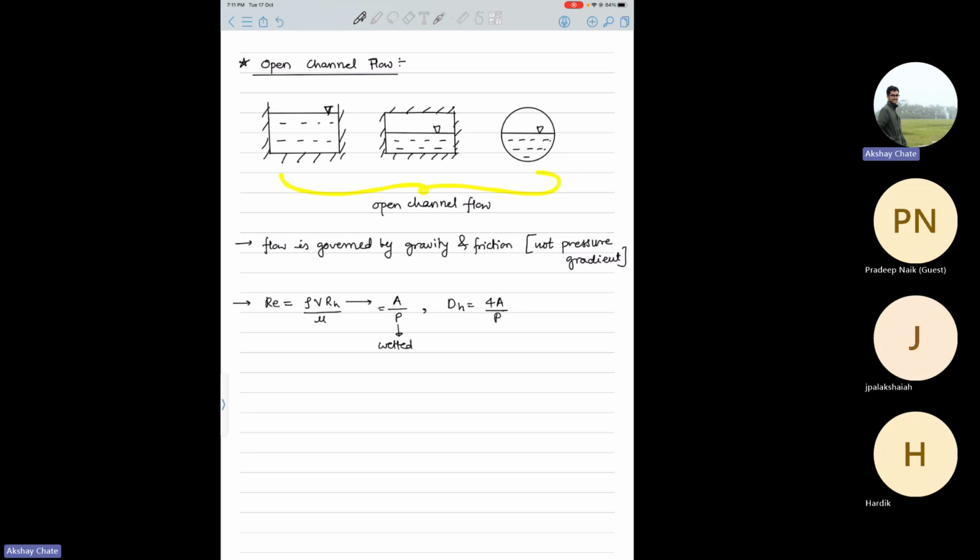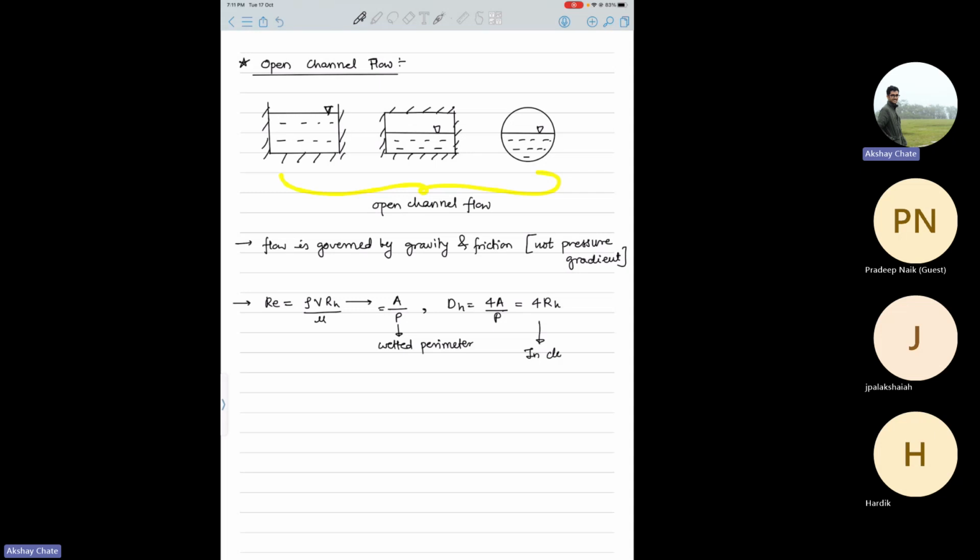In the very initial classes I had told that this wetted perimeter concept becomes important for open channel flows. We will see some examples, but I just wanted to clarify this, and therefore this is 4 times the hydraulic radius.